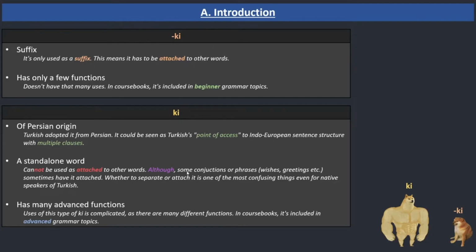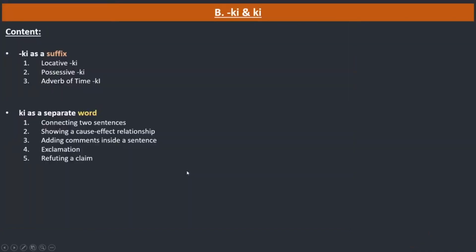So let's also see their functions. The first ki comes in 2 or 3 ways. The first one is locative, the second way is possessive, the last way is an adverb. We use this ki to indicate someone's location, to indicate someone's belonging, and to indicate an action's time or an event's time. The other ki connects two clauses.